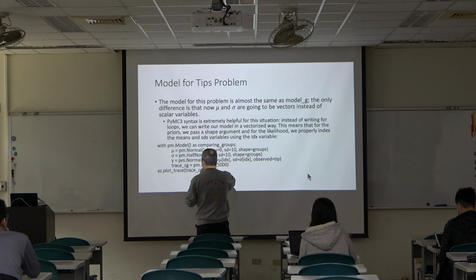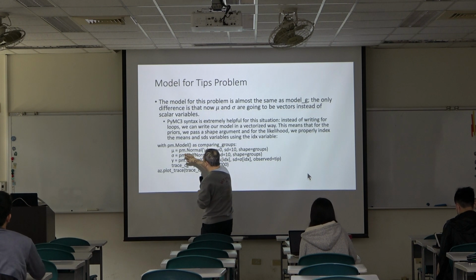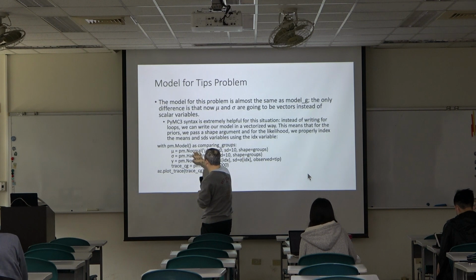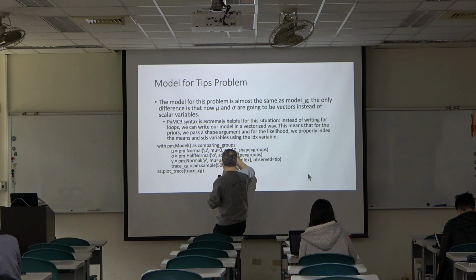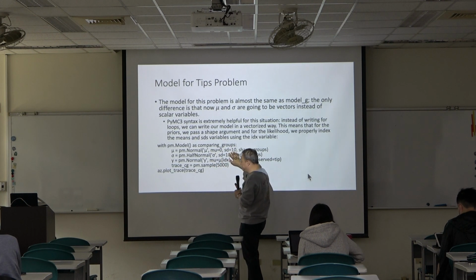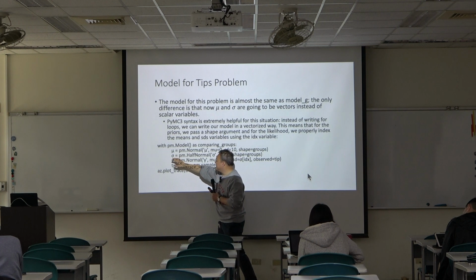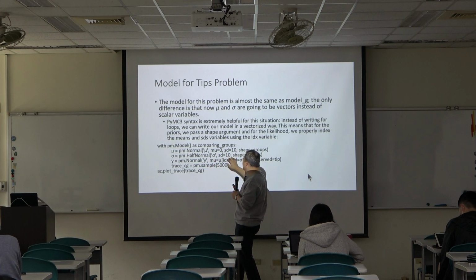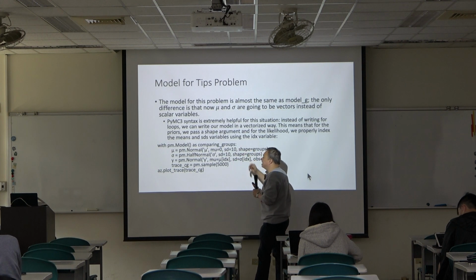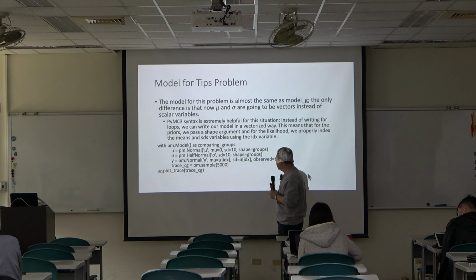So mu is distributed as a normal distribution with standard deviation 10. Sigma is distributed as half normal with standard deviation 10.